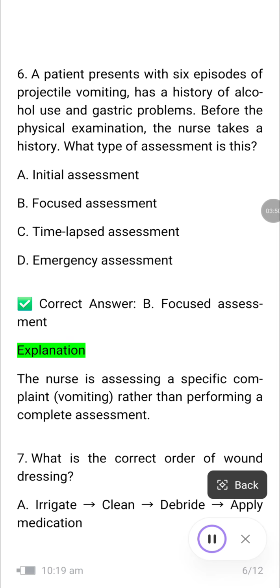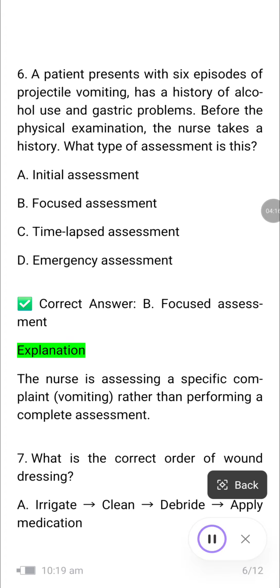D. Clean, debride, irrigate, apply medication. Check mark correct answer. B. Clean, irrigate, debride, apply medication. Explanation. The usual sequence is clean the wound, irrigate with appropriate solution, remove non-viable tissue, debridement, if indicated, apply medication, dressing.